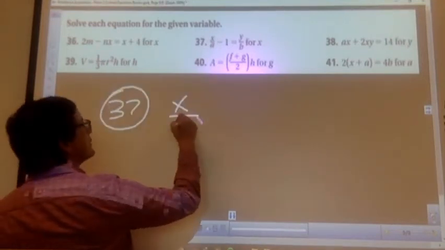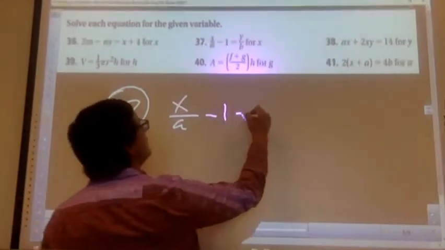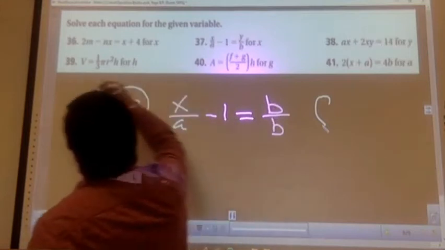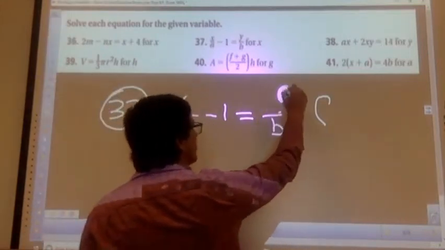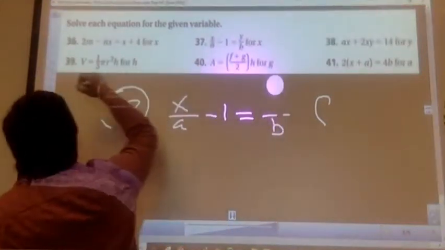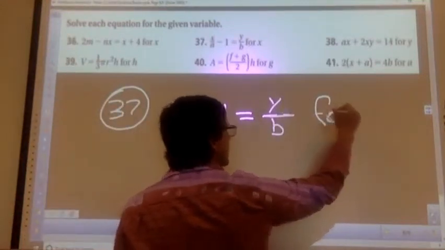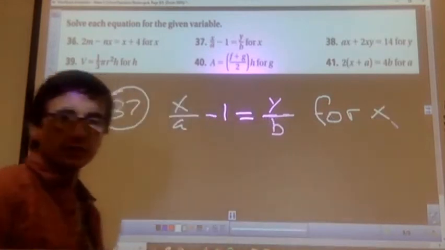So 37 is x over a minus 1 equals y over b. Oops, I screwed that up. y over b, and we're solving for x.